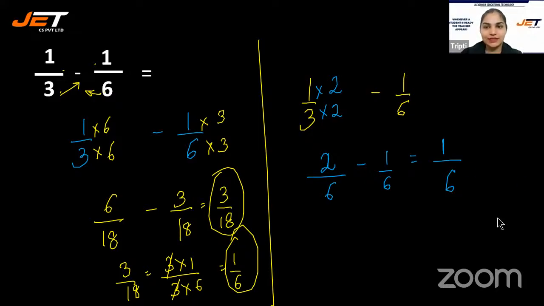So 1 by 6. See? Either way is correct. Either opt for this one or this one. Both will give you the same answer. And 3 by 18 is equivalent to 1 by 6, fractions having the same value. Whichever way you choose here, that will be correct.